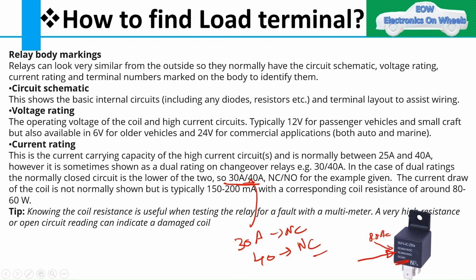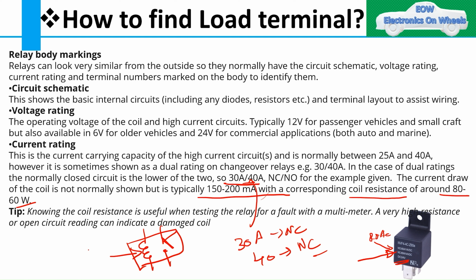Current draw for the coil is not normally shown, but it is typically in the range of 150 to 200 milliampere, with corresponding coil resistance around 60 to 80 ohms. As I already told you, this would be my contact side and this would be my coil side.